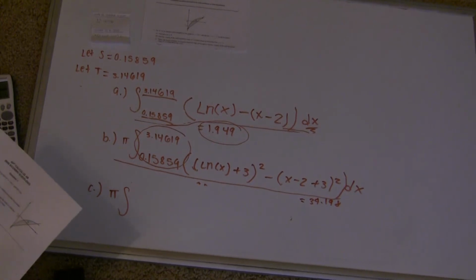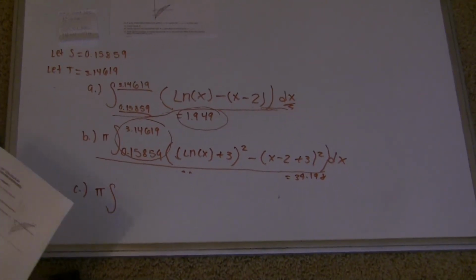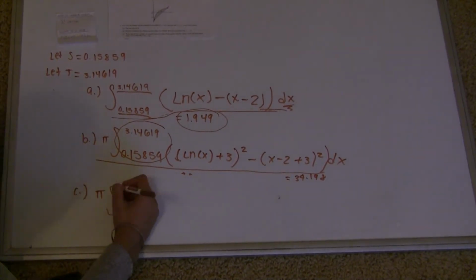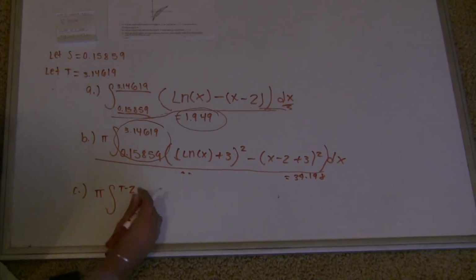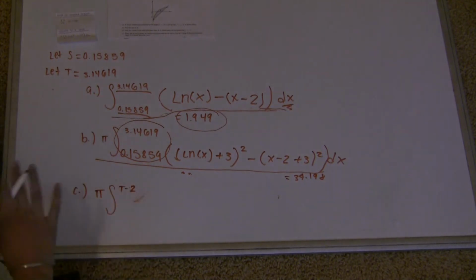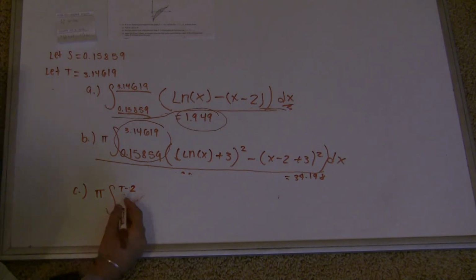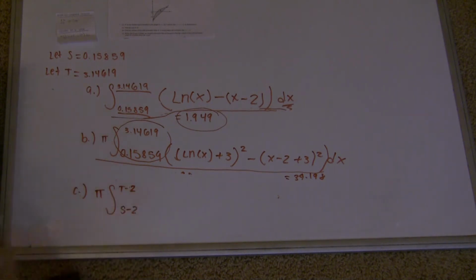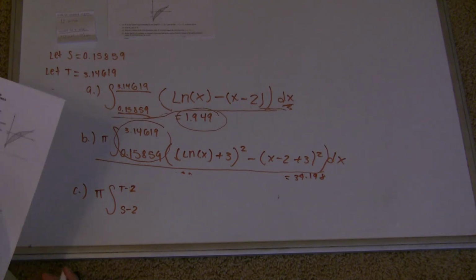We're making this equation from y to x, so the bounds become t minus 2 and s minus 2. That's why these bounds are minus 2, because we're changing the whole equation.